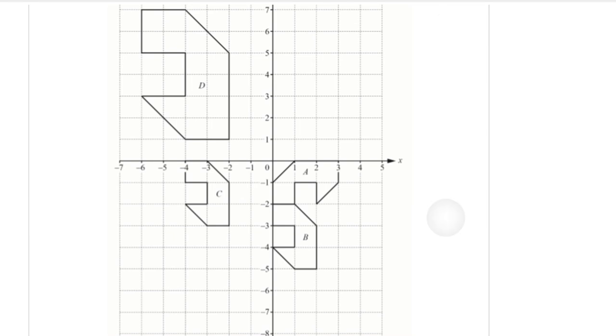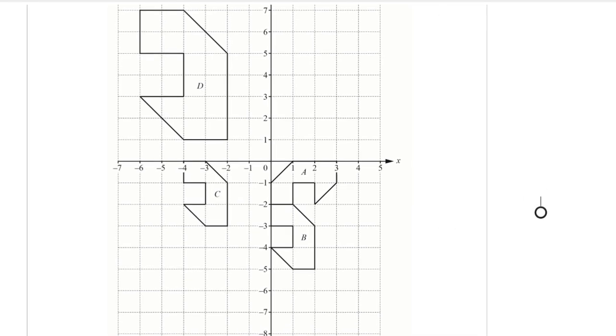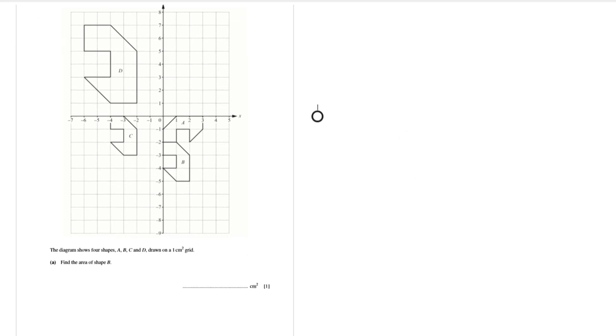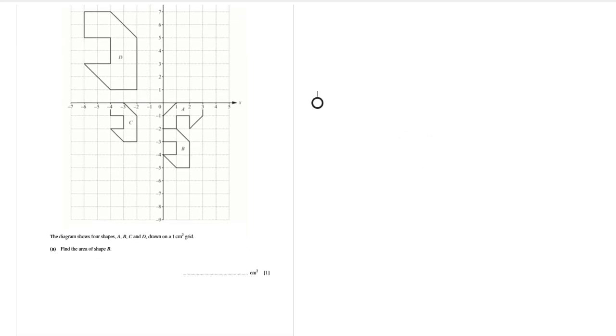Find the area of shape B, and hopefully this will be a 1 centimeter square grid. They have mentioned it already. It's a 1 centimeter square grid, it means that this box is 1 centimeter by 1 centimeter, and so on.